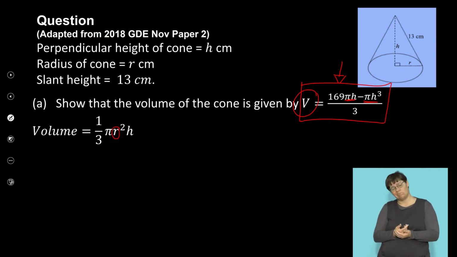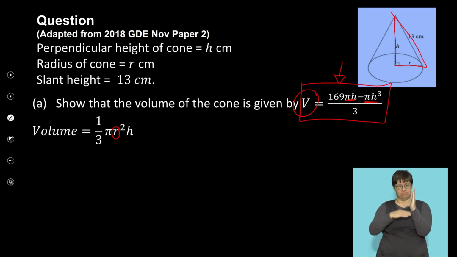So looking at my diagram, we can see that I have a right angled triangle. And the second that I have a right angled triangle, we need to be thinking how Pythagoras could be helping me. So if I want to express r in terms of h and 13, I could do that using Pythagoras.